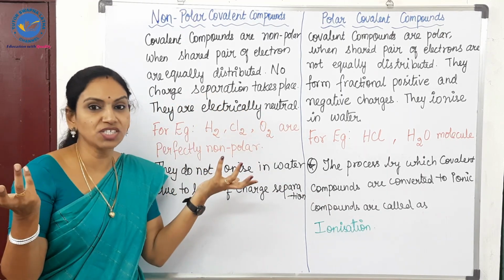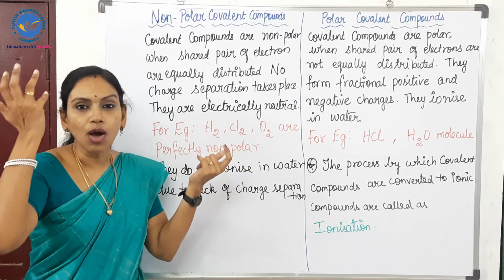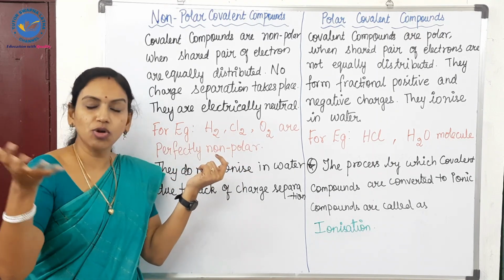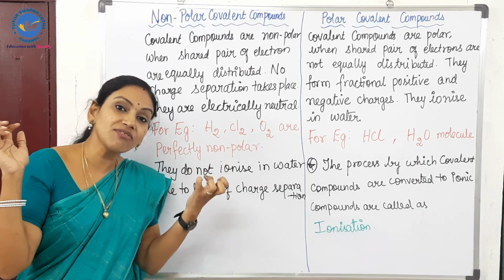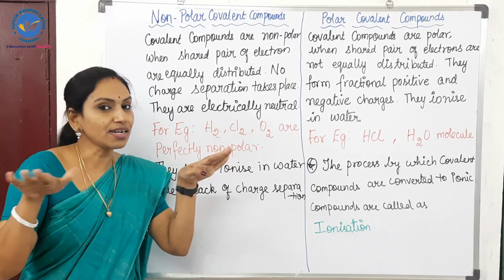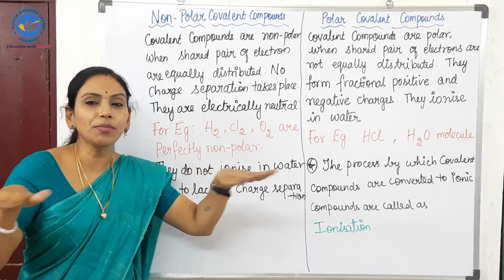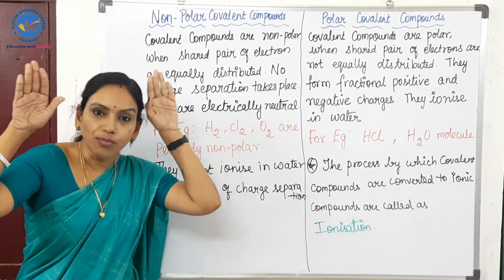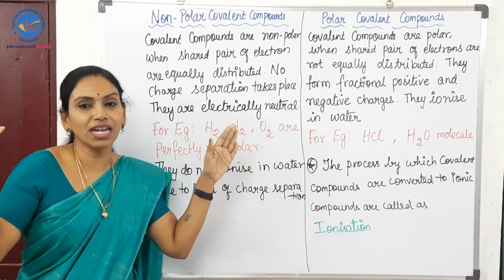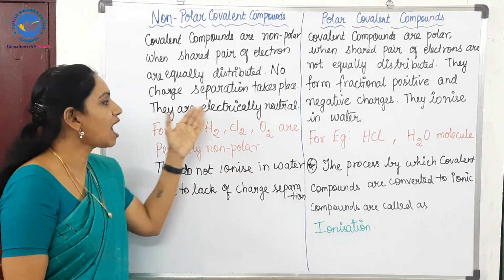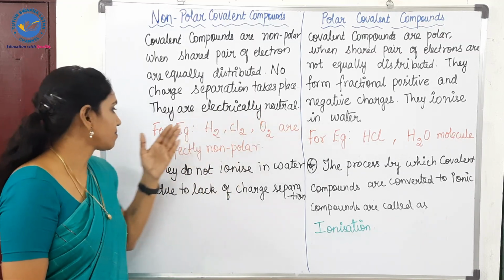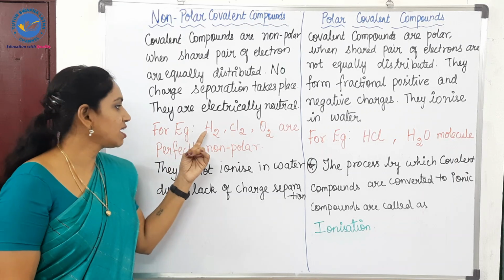No charge is generated. Charge means the atom giving the electron gets plus, and the atom receiving electrons gets minus. Like that, there is no charge separation because electrons are equally distributed. They are electrically neutral.